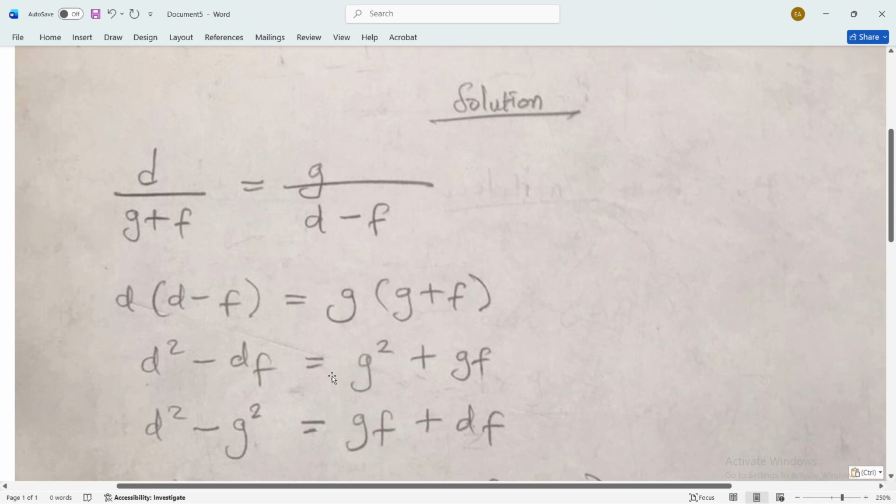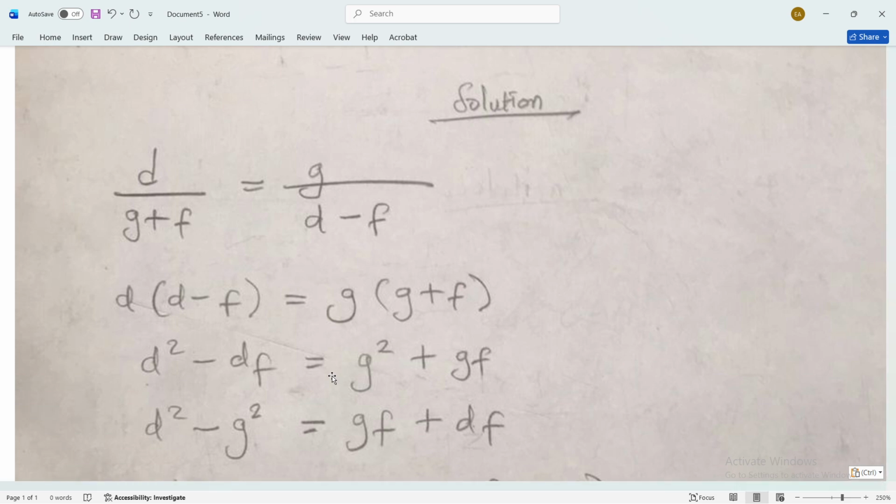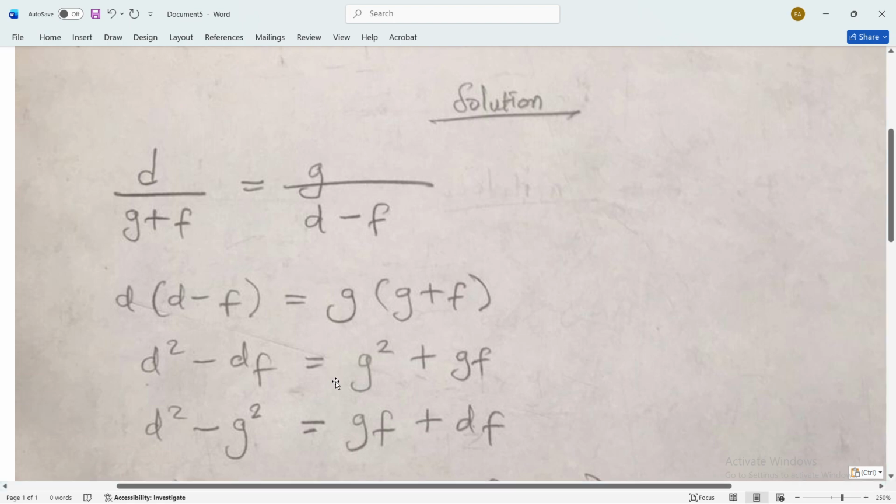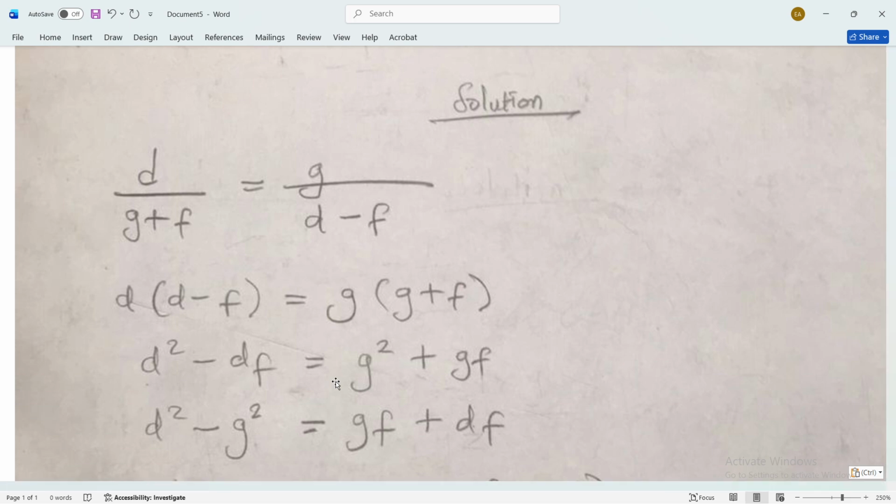If it's a negative number that crosses an equal to sign, it changes its form to become a positive number. So that's how come we have d square minus j square equals jf, we maintain positive jf, right?